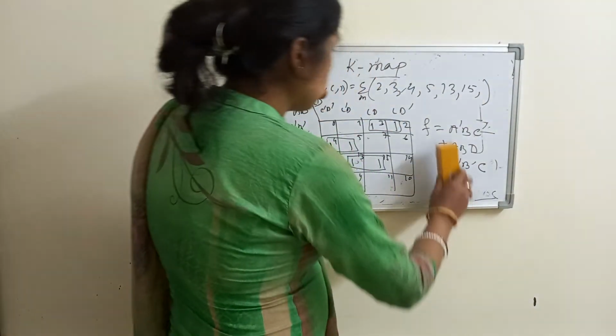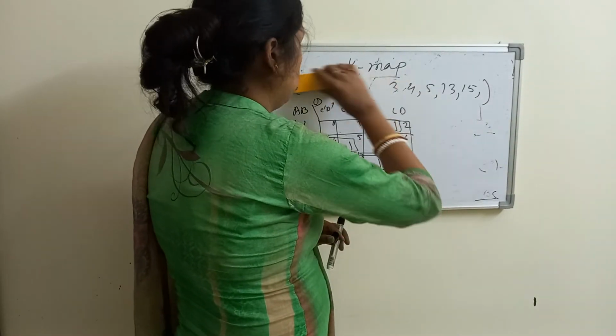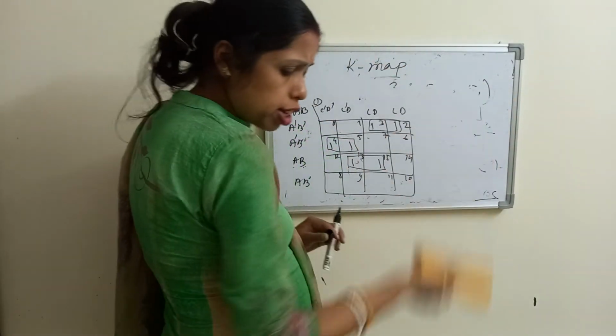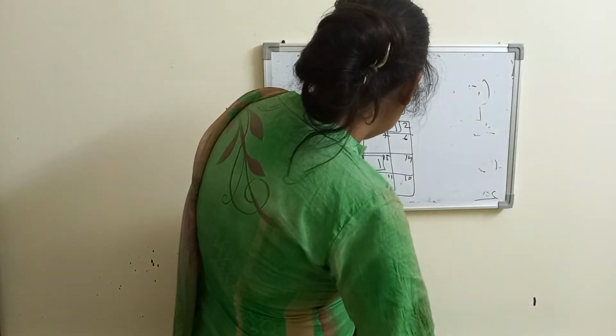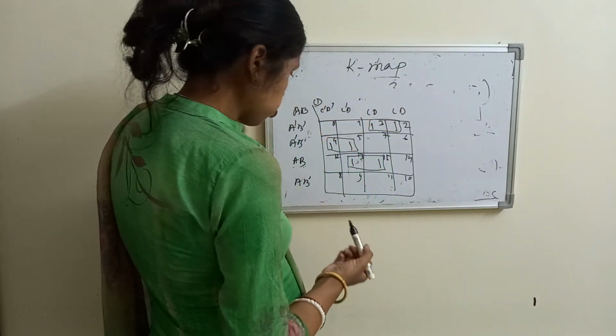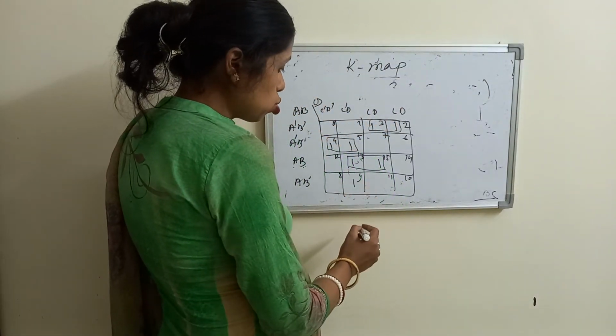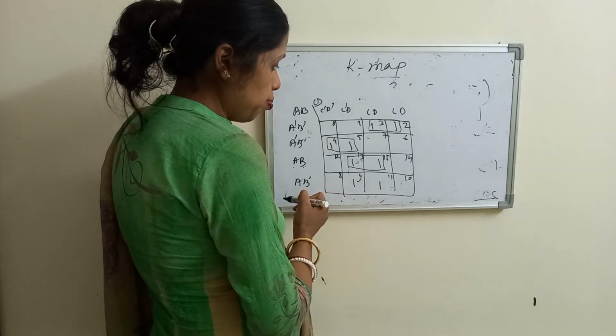Suppose such a kind of function is there. In this function, here it is also 1, here it is also 1.